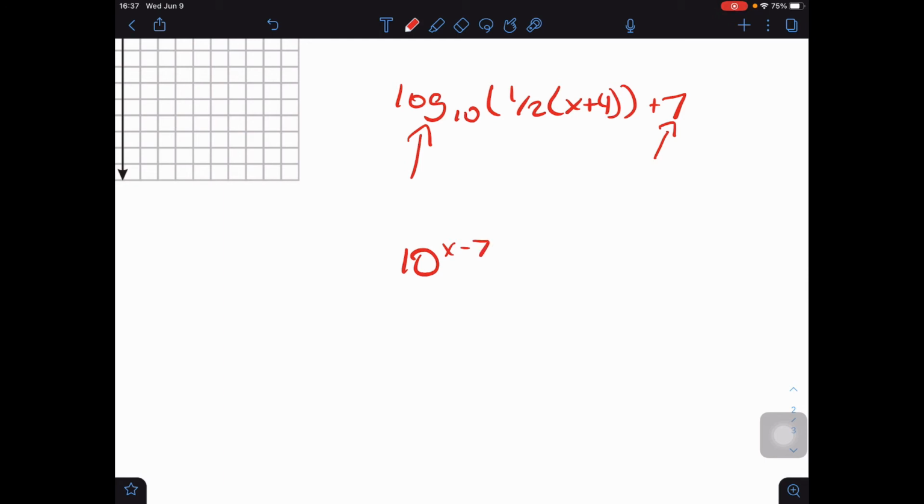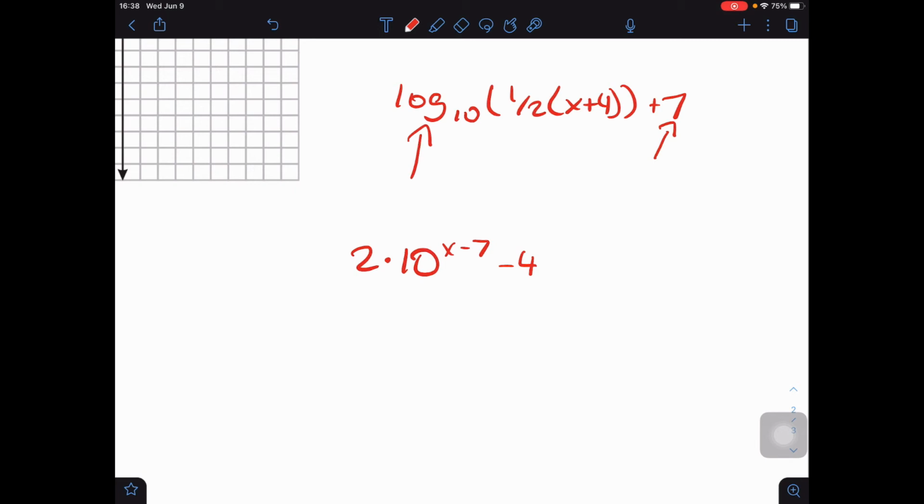Then since this 1/2 is on the inside, we take the reciprocal of it and put it on the outside. And since we have this x plus 4 on the inside, it goes on the outside and becomes a -4.